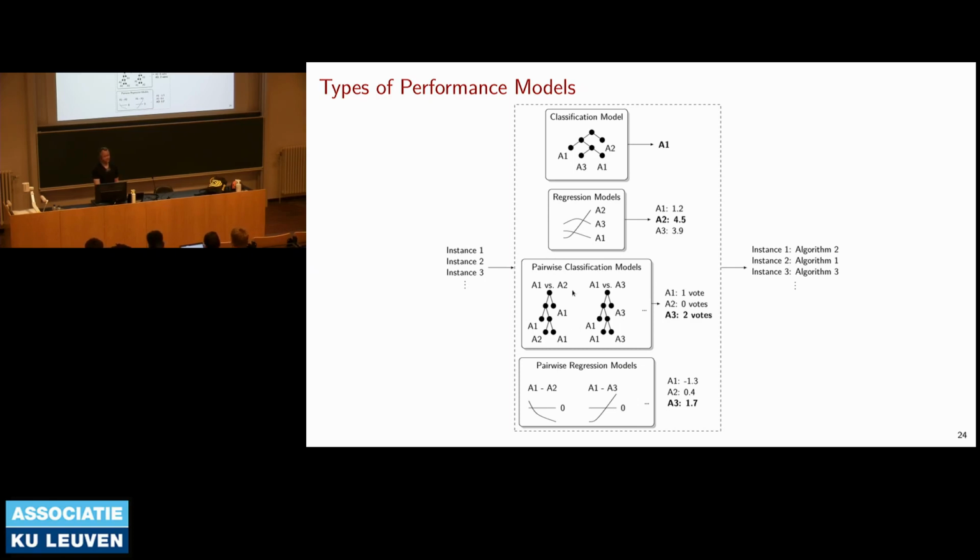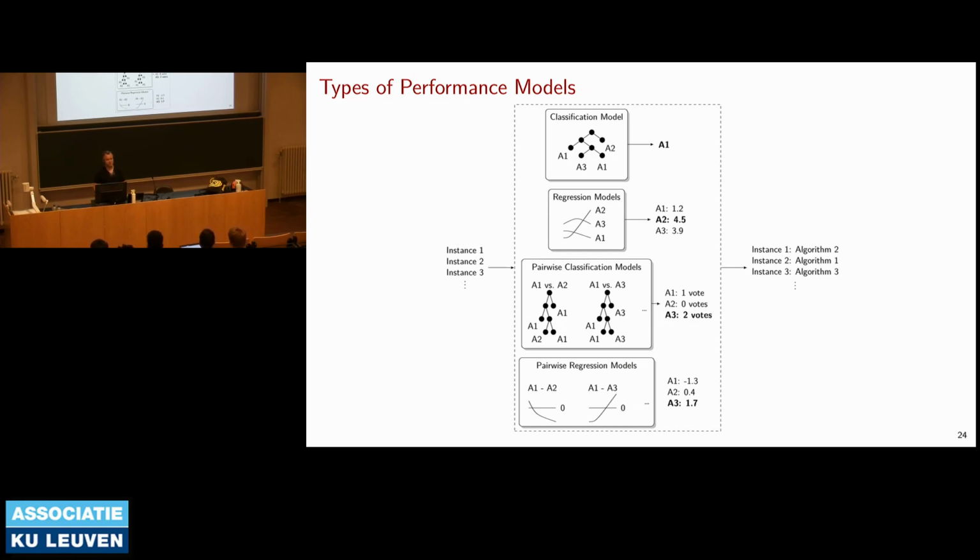I can do this in a pairwise fashion for both the classification and regression approaches. So which one of these two algorithms is going to be best? I do that for all pairs, or what is the performance difference between those two algorithms? And again, I can do that for all pairs. And that then, as I said, makes the selection afterwards a little bit more difficult.